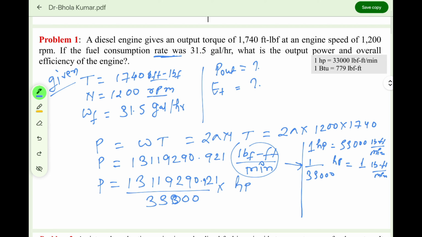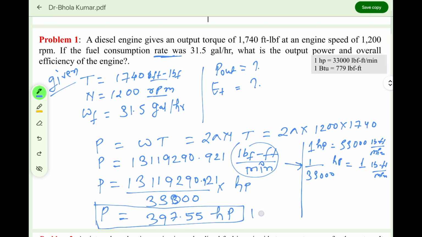So if you divide this with 33000, you will get power output equal to 397.55 horsepower. This is the output power you have calculated, in horsepower unit. First part is done.